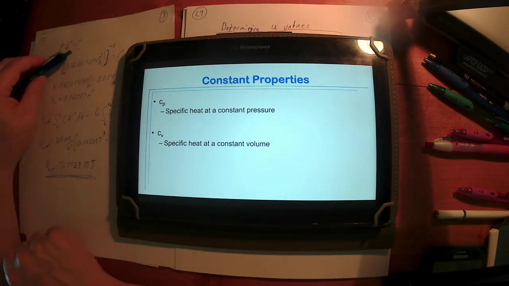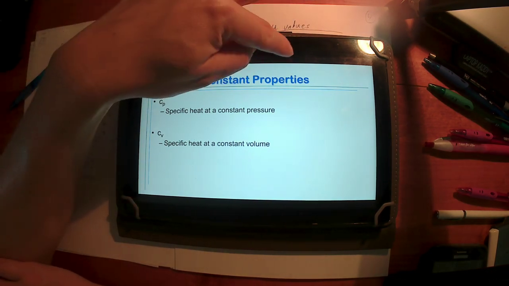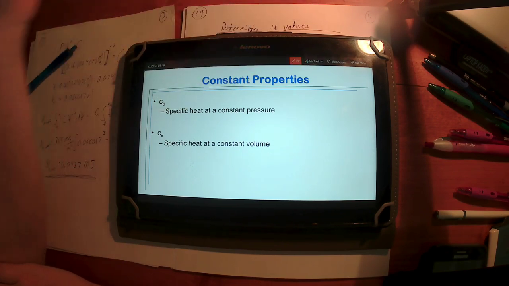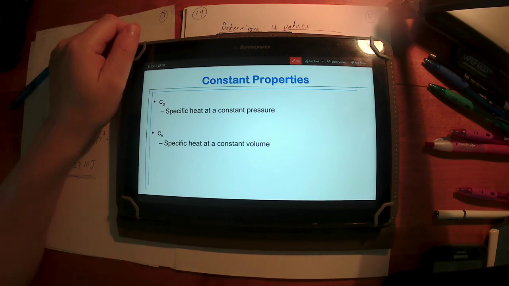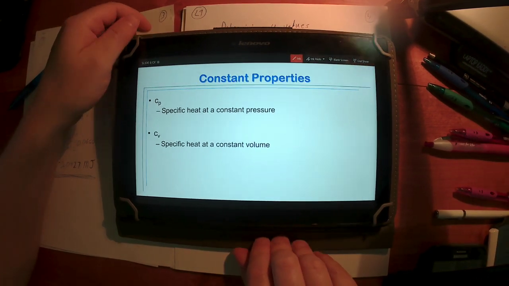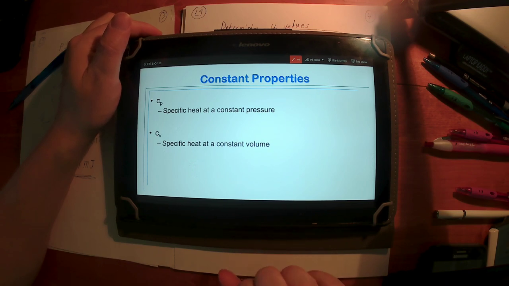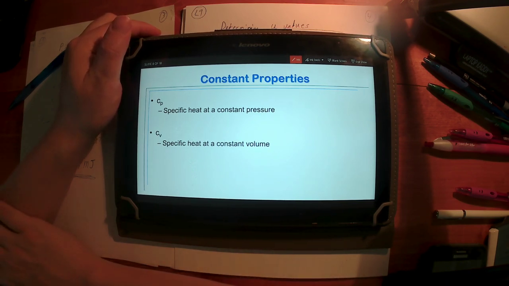Now, you will have quantities we call C sub P and C sub V if we're dealing with substances that can expand or contract. From your chemistry class, if I'm teaching people who are not very mathematically mature, not very far along in their math classes, and we need to oversimplify everything for them, and that's okay, through no fault of their own, that's just where they are in their progression, then I would tell you C sub P represents the specific heat at constant pressure.